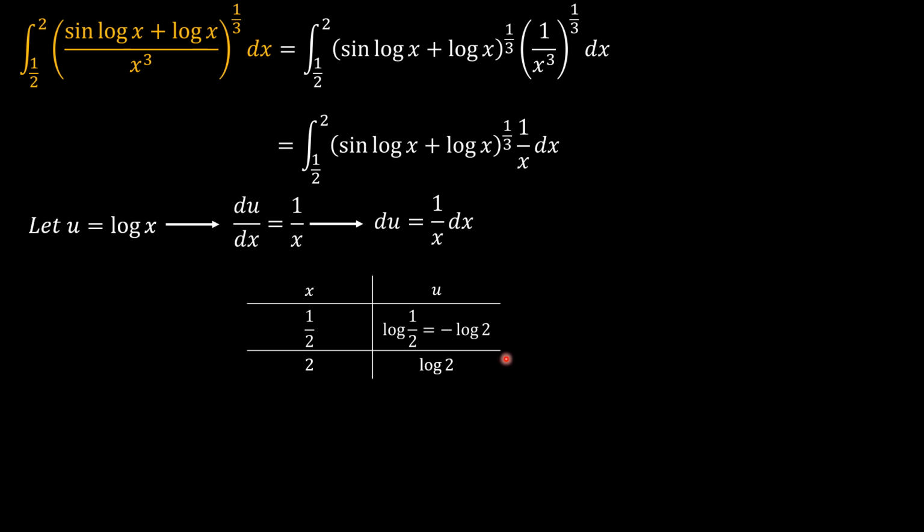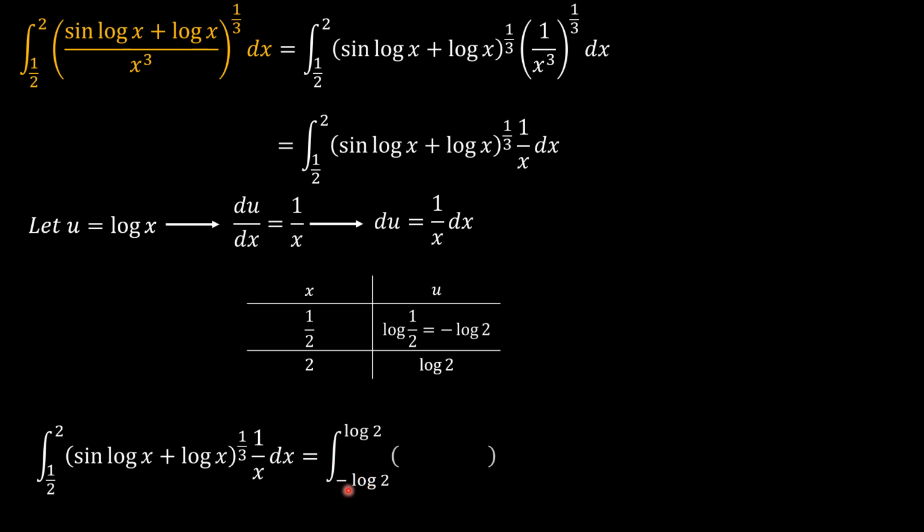So I think it's demanding us to look at the symmetry around 0 in the u domain. So our integral in the x domain, from x equals a half to x equals 2, of sine of natural logarithm of x plus natural logarithm of x, all to the power 1 over 3, times 1 over x, is the same as the integral in the u domain from u equals negative natural log 2 to u equals natural log 2 of (sine u plus u) all to the power 1 over 3, and we've forgotten to put a third up here.